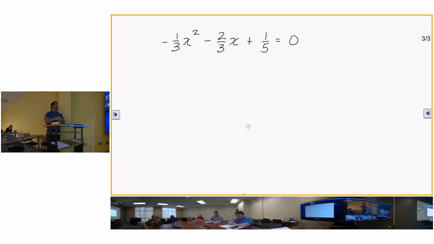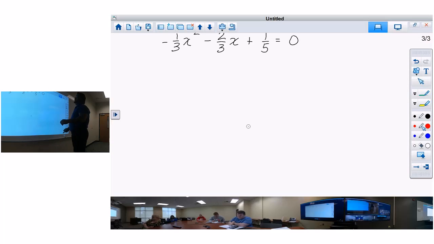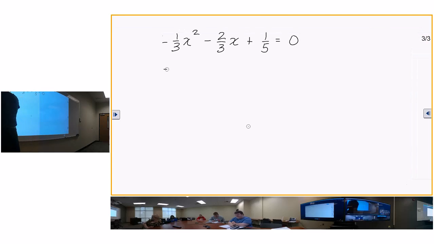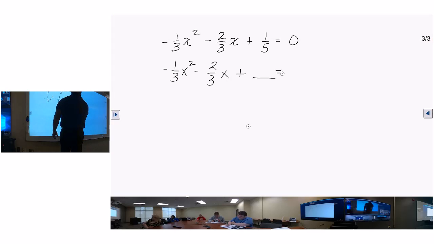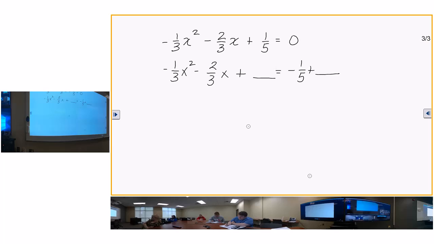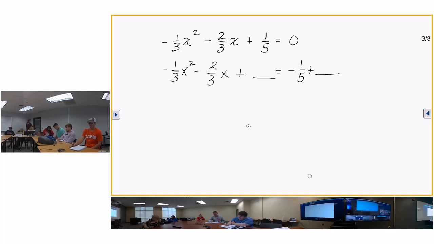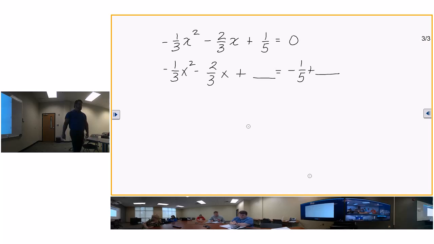Gotta make it pop. I'll do the first part for you. I'm gonna move c for you. I'll even add the blanks too. Negative 1/3 x squared minus 2/3 x plus blank is equal to negative 1/5 plus blank. There you go. Factor out the negative 1/3.